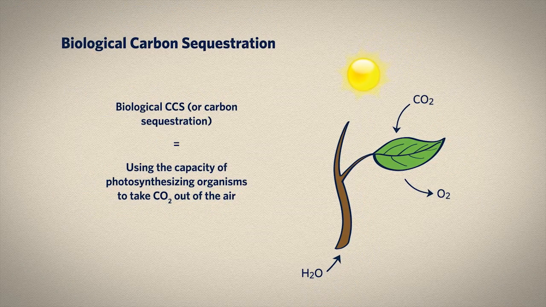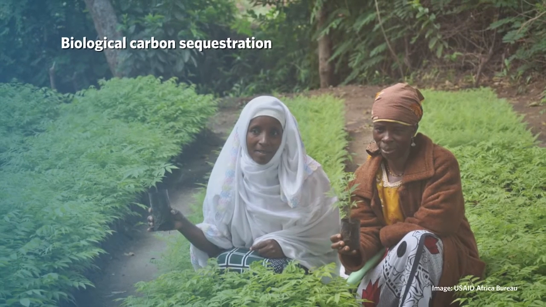Now let's move on to a way of removing carbon dioxide from the atmosphere that the planet does all on its own. Extracting carbon dioxide from the atmosphere and binding it in the living tissues of photosynthesizing organisms is called carbon sequestration. Less commonly, this is referred to as biological carbon capture and storage. There are two core strategies that can be used to enhance the amount of carbon that a piece of land sequesters.